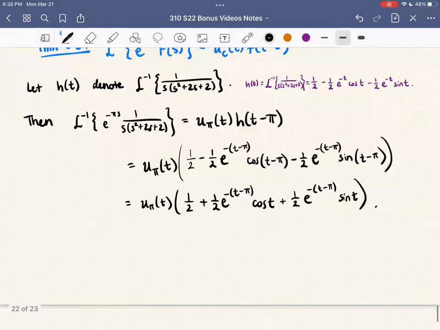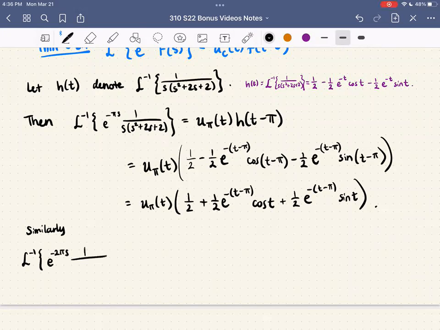Now, very similar idea. I can do the same thing similarly. The inverse Laplace transform of e to the negative 2 pi s times 1 over s times s squared plus 2s plus 2. It's going to be almost the same exact thing, except wherever there's a pi, instead of pi, I'll have 2 pi.